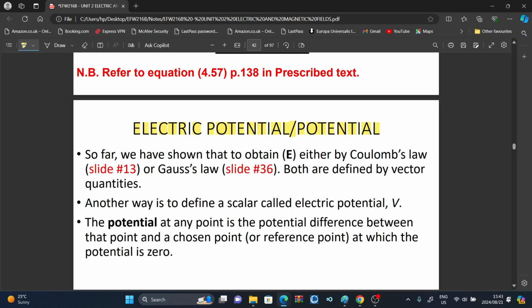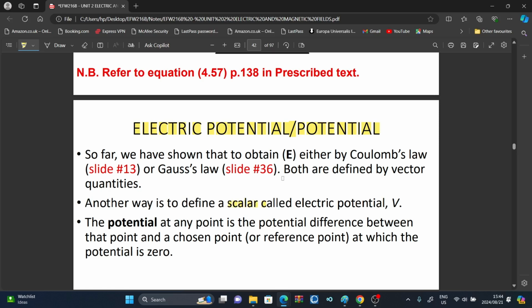So in the simplest terms, you can understand this: let's say you have a battery that has potential energy stored in it. And when you measure the voltage across the battery, that is your electrical potential, which in this case we call a scalar.